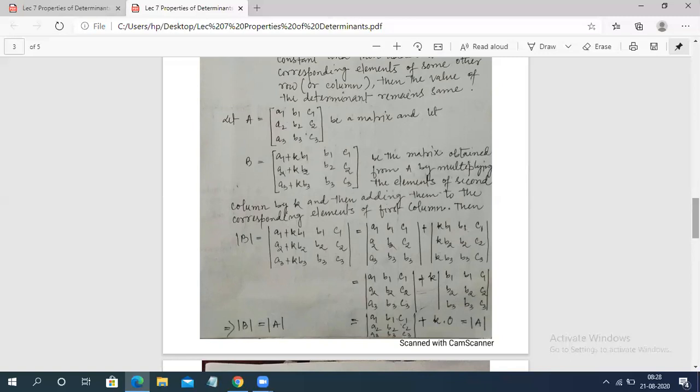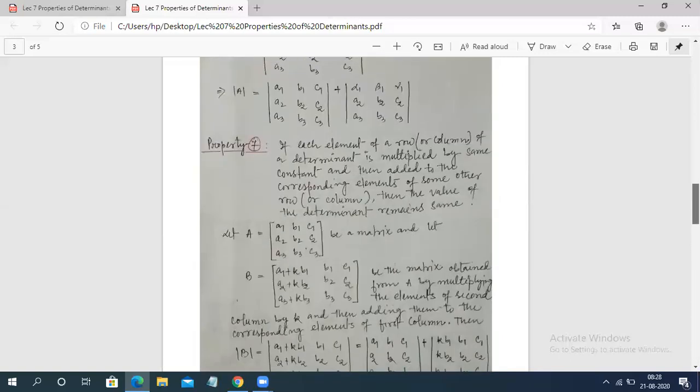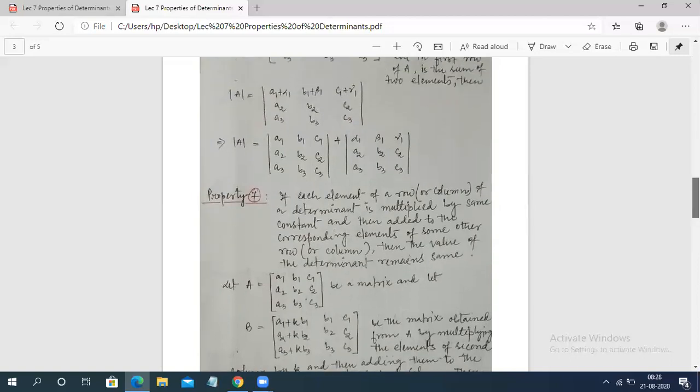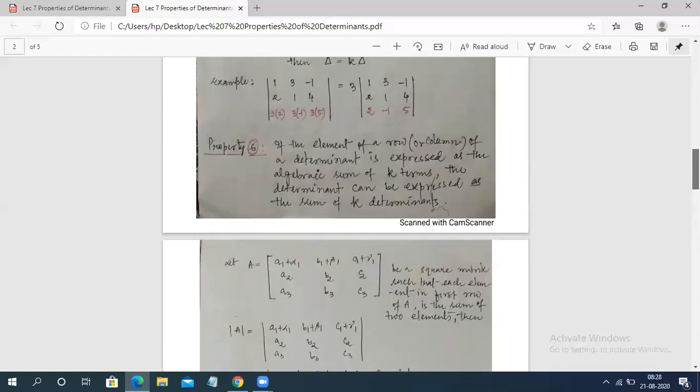Now these 7 properties we will use in solving the questions given in your exercise 1. And here you need not expand for any transformation.